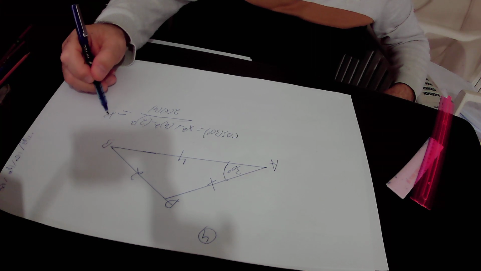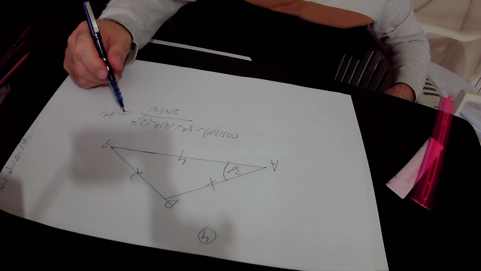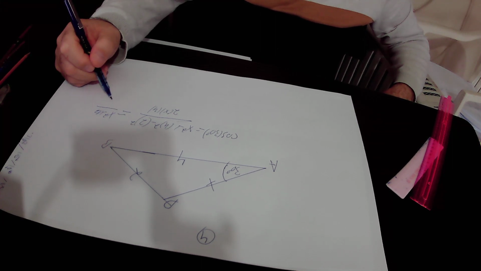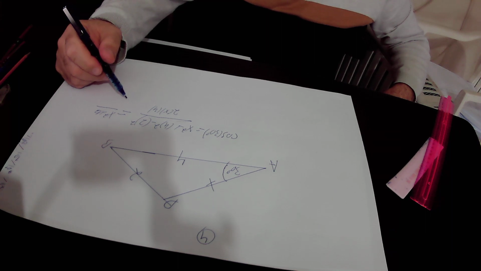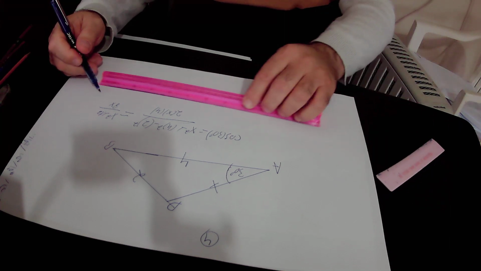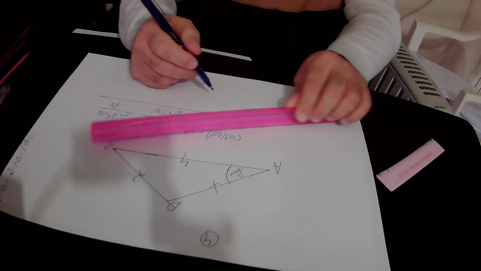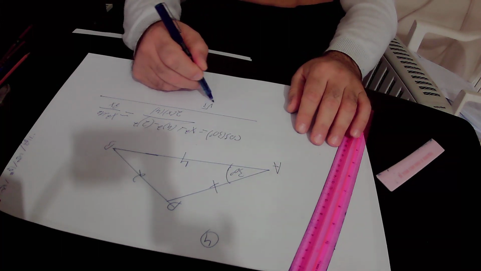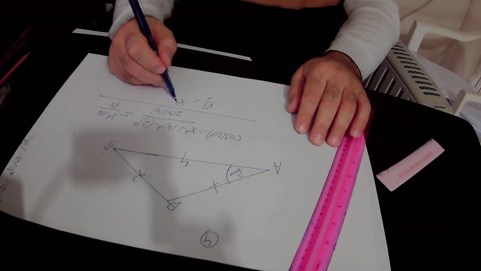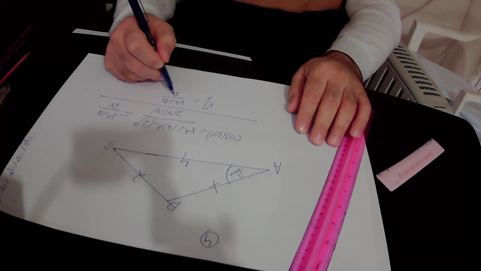X squared plus 4 squared is 16, minus 2 squared is minus 4, 16 minus 4 is 12, over 2 times 4 is 8, 8 times x is 8x, and cosine 30 degrees is square root of 3 over 2 equals x squared plus 12 over 8x.